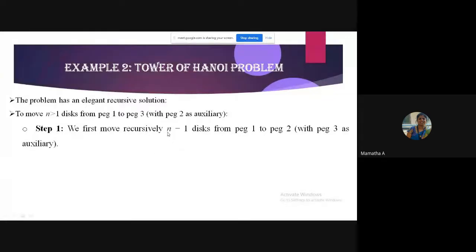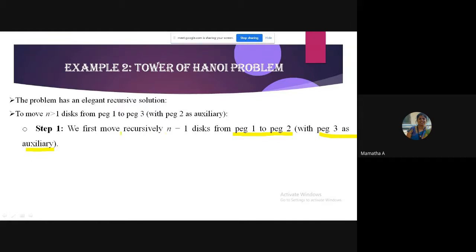From which peg to which peg? Source to auxiliary. So I take n minus 1 disks from peg 1 to peg 2 with peg 3 acting as auxiliary. This is my step 1, wherein I am moving it recursively.